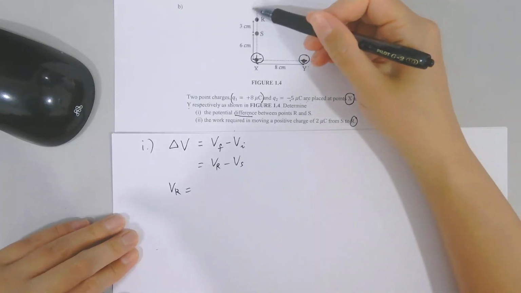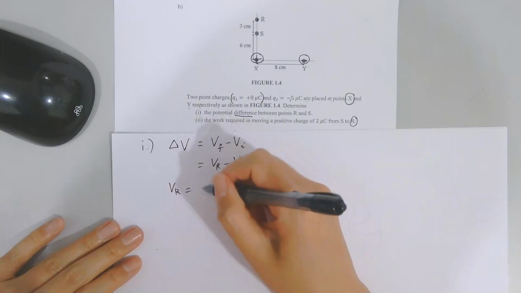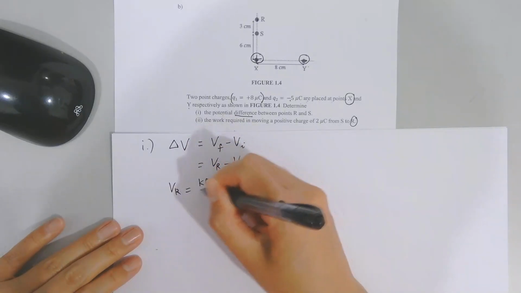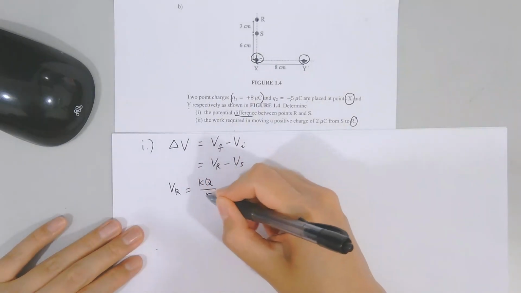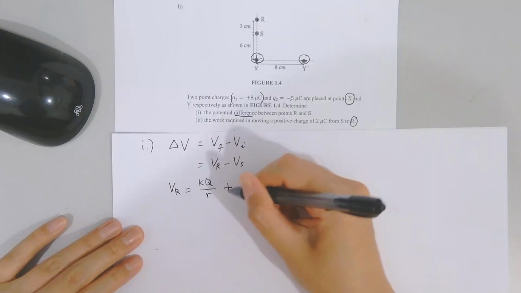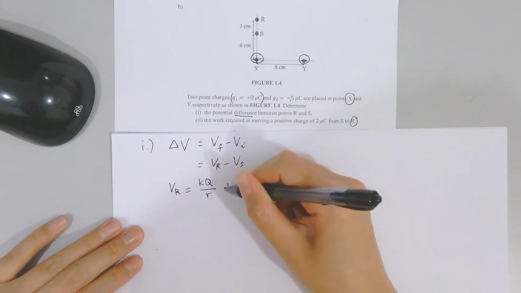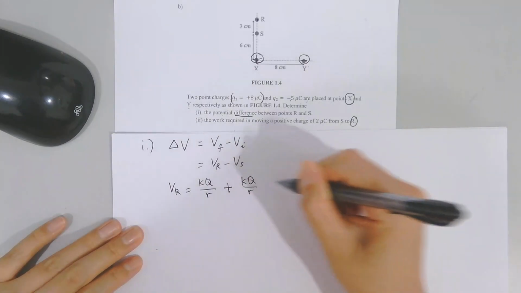But do you need to draw a direction for electric potential? No need. In order to find VR, remember the equation will be KQ over R. But now is it we just have a point charge? No, we do have another. So always add on, always sum up another term which is KQ over R as well.